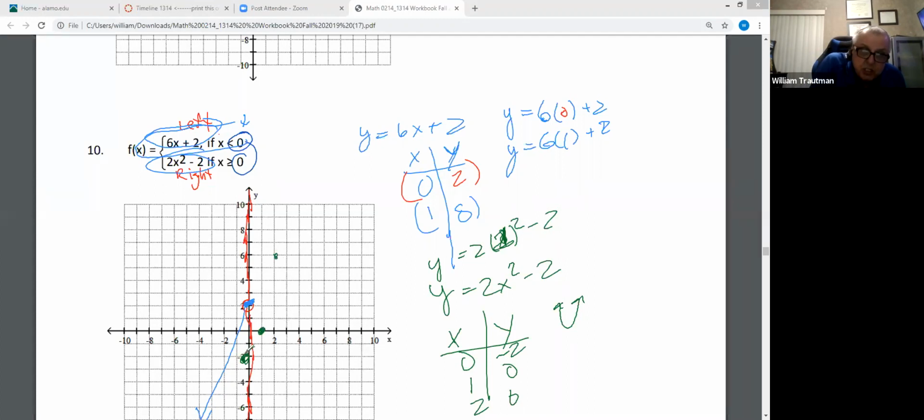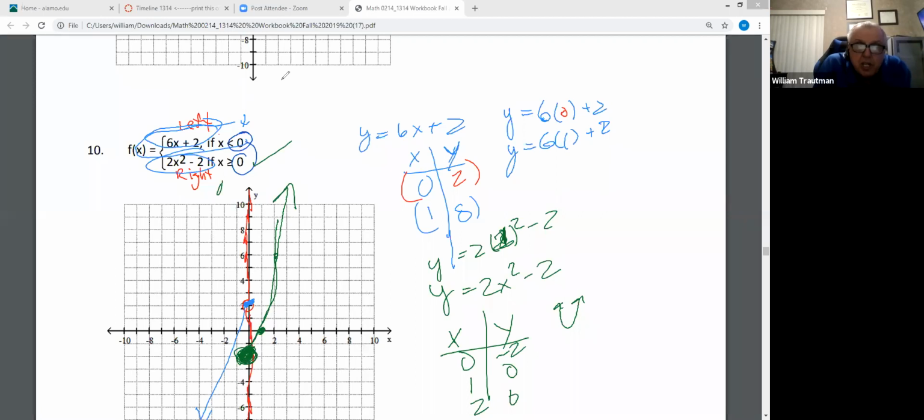Do you see it's a U-shaped graph? It's hard to draw, but it's a U-shaped graph that looks like this. And the bottom one has the equal sign. At 0, this one has the equal sign, so it's a closed circle right there.